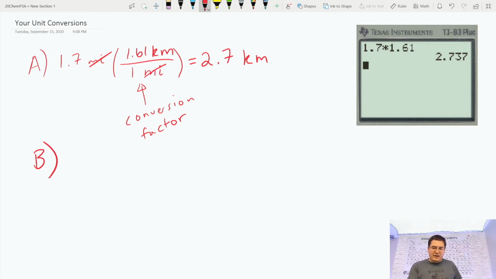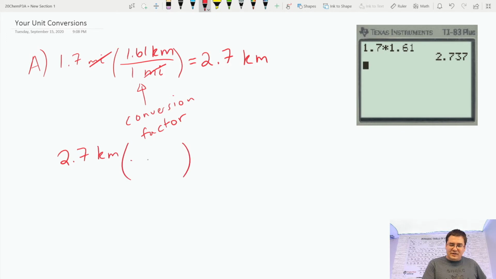Okay. Oh, and I'm not done. It actually said convert that to meters, which this conversion factor will be maybe a little more familiar. This time we're going to convert from kilometers. Again, I put that on bottom, to meters, the one I want to get to, on top. And you should remember that 1 kilometer, the prefix kilo, means 1,000.